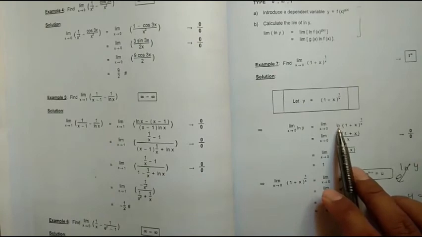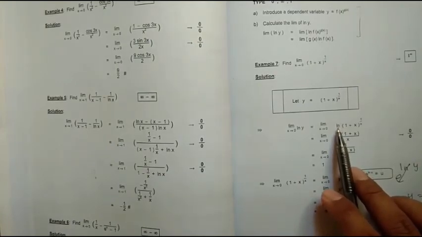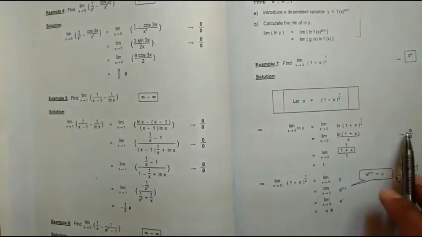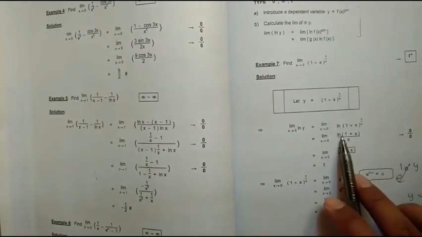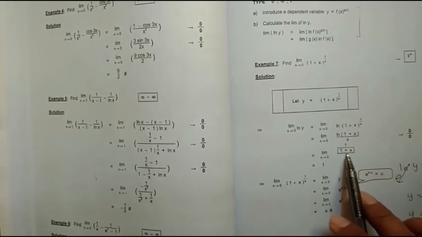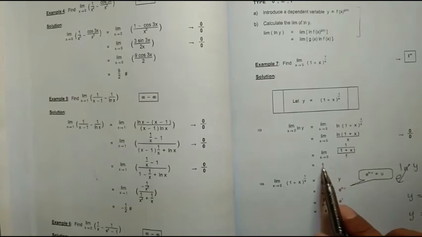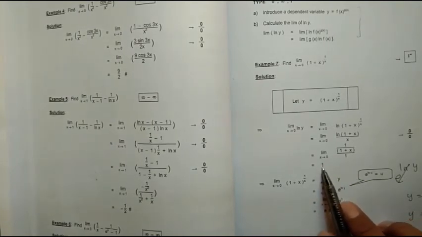Okay, when ln, bila dah ada ln, 1 over x ni jadi darab. Okay, nampak tak? Okay, so substitute 0 over 0, and then differentiate ln(1 plus x), 1 over 1 plus x. Differentiate x, 1. Substitute 0, 1. Okay, 1.